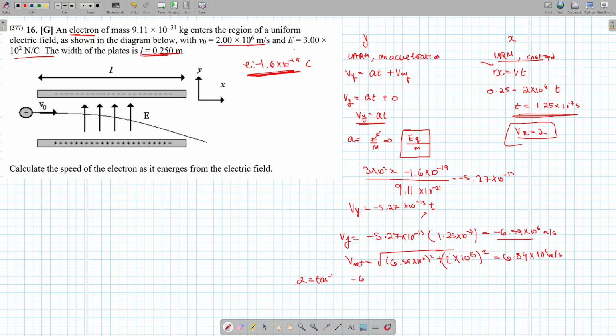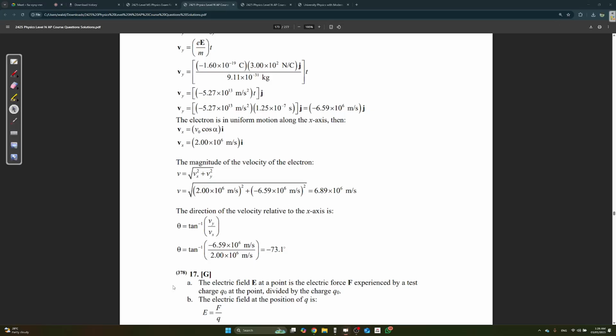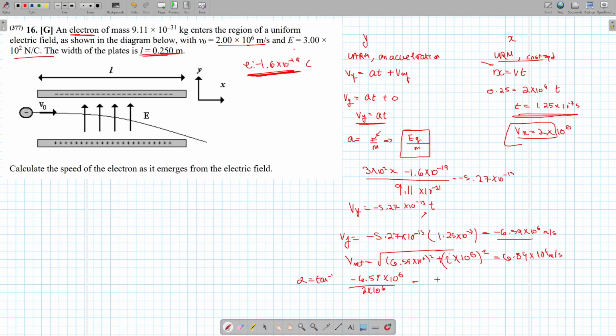So negative 6.59 times 10 to the power of 6 over 2 times 10 to the power of 6. And you're gonna get, as they got here, negative 73.1 degrees.